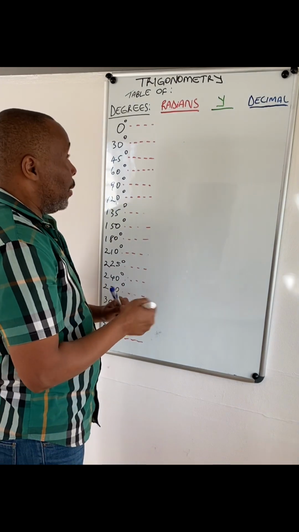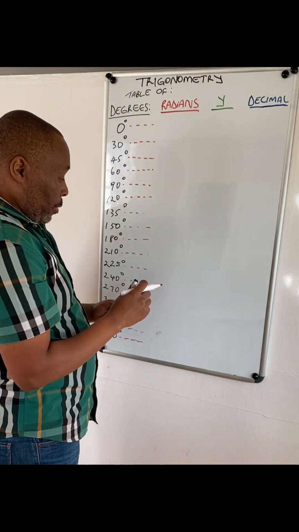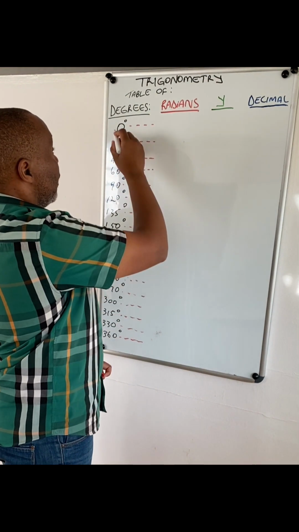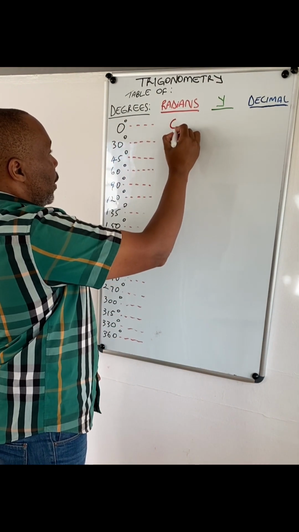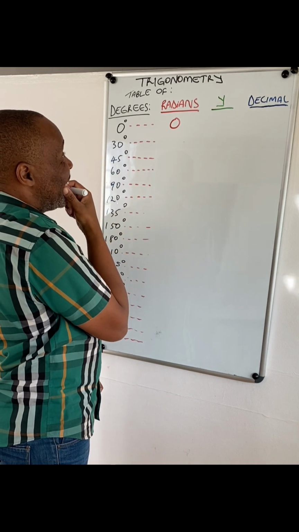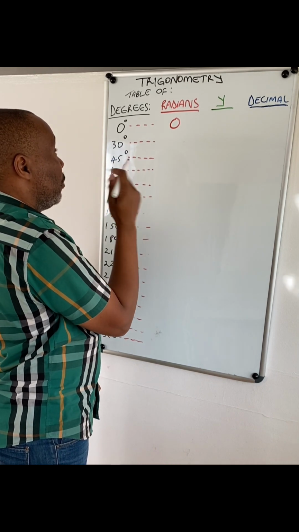So let's start with the radians. At 0 degrees, the radians is 0.